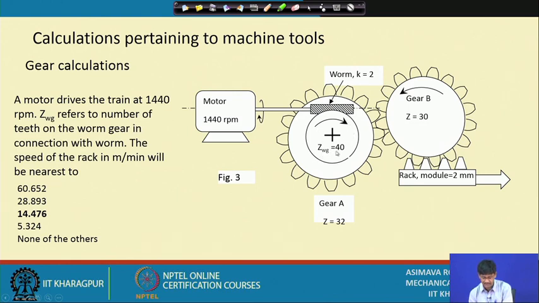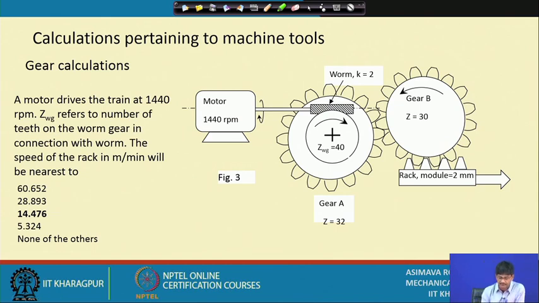Number of teeth on the worm gear is 40, and on the same shaft we have another gear A where the number of teeth is equal to 32. That is in connection with a gear B whose number of teeth is equal to 30, and that is in connection with a straight sided gear called a rack with module 2. We have to find out the speed of the rack in meters per minute.